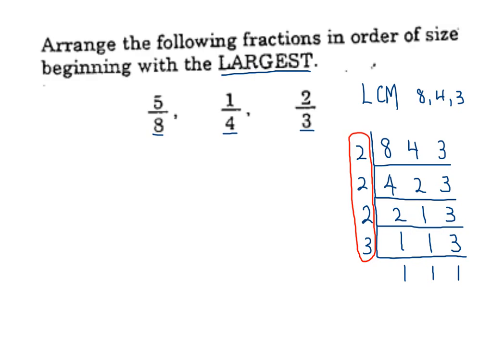Okay, so let's work out the product. 2 by 2 is 4, and 4 by 2 is 8, and then finally 8 by 3 would give us 24. So the LCM for the 3 denominators that we have here is 24.